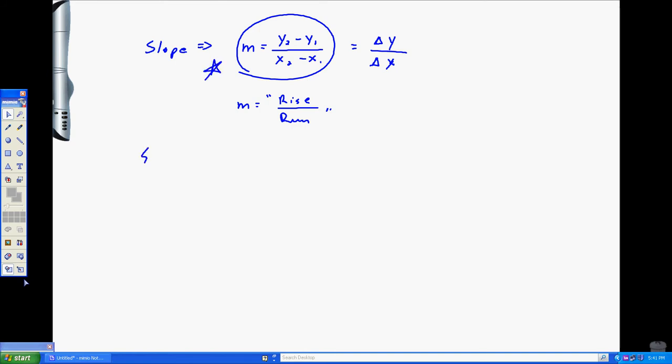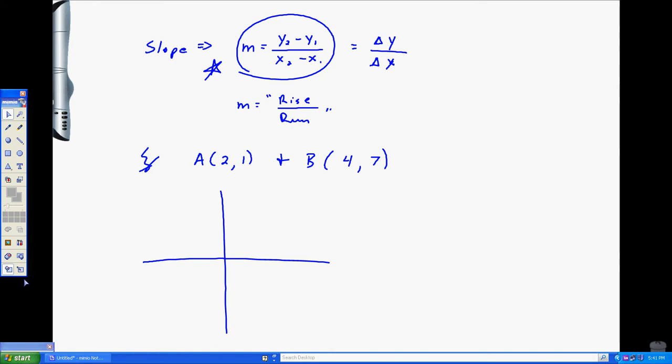So, for example, let's plot a couple points here. Let's plot point A, we'll say (2, 1), and B, we'll say is (4, 7). Okay, let's see how steep this is. So there's x, there's y.